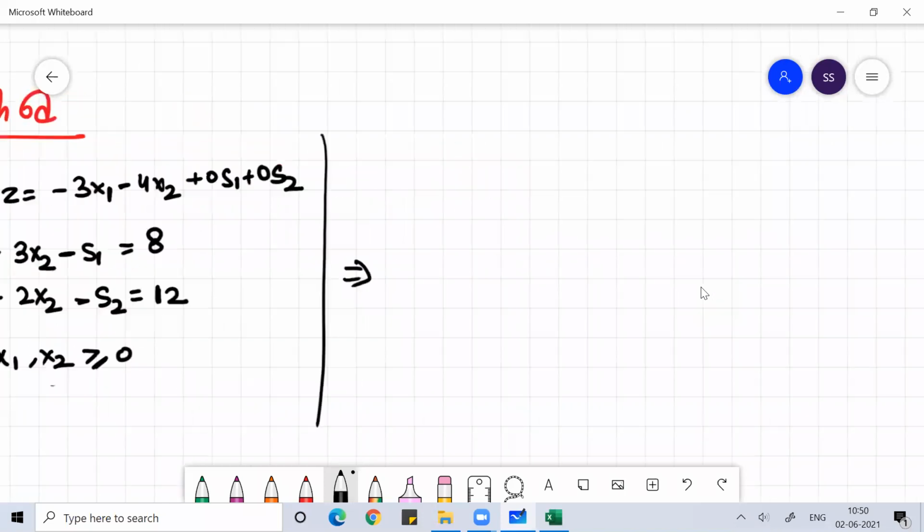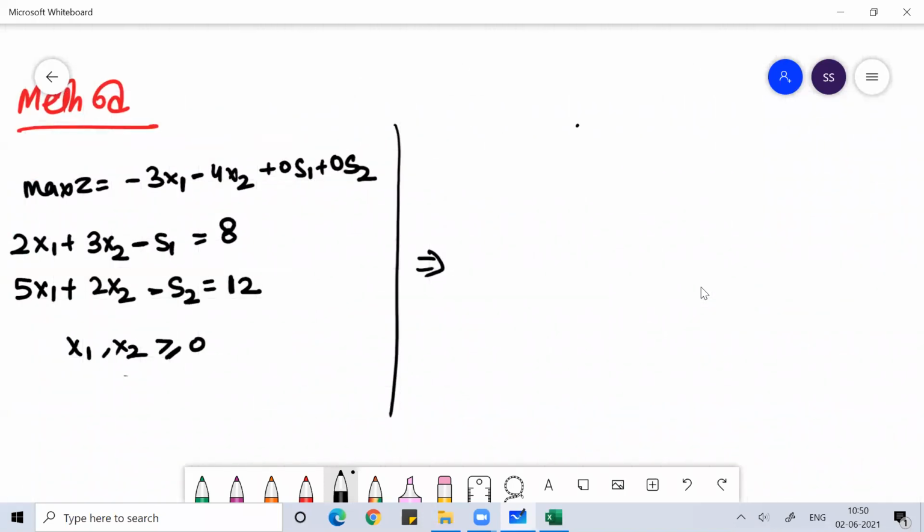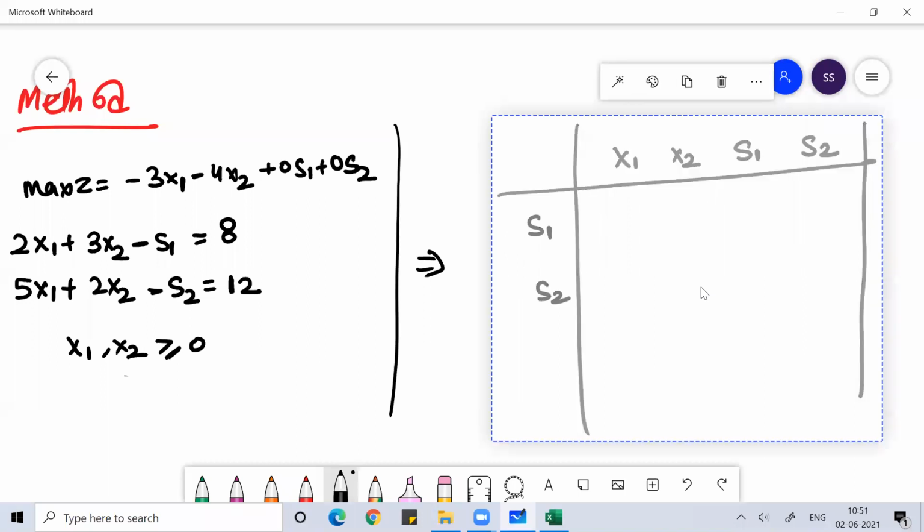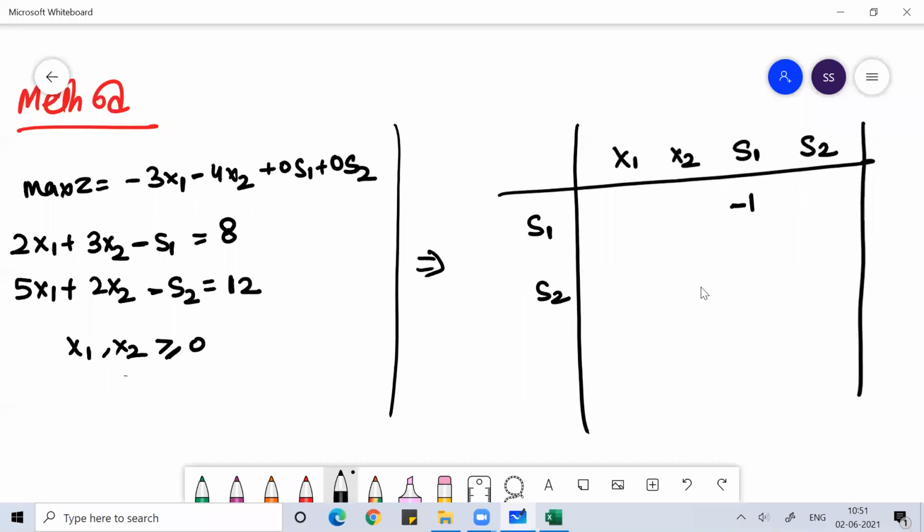So you can just draw the iteration table. This is x1, this is x2, this is s1, this is s2. You know how to do this. The slack variable columns carry the minus one sign.